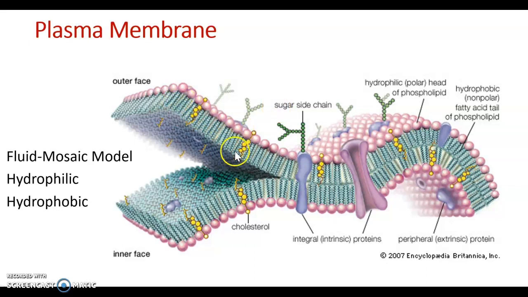The hydrophobic tails are going to be oriented towards the inside of the cell, repelled by that polar water molecule. So that is what gives us this phospholipid bilayer shape. And then the fact that it's able to embed all of these proteins and carbohydrates in there is what is going to give it its function.